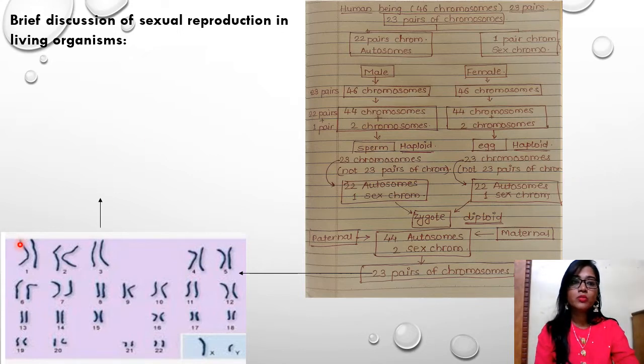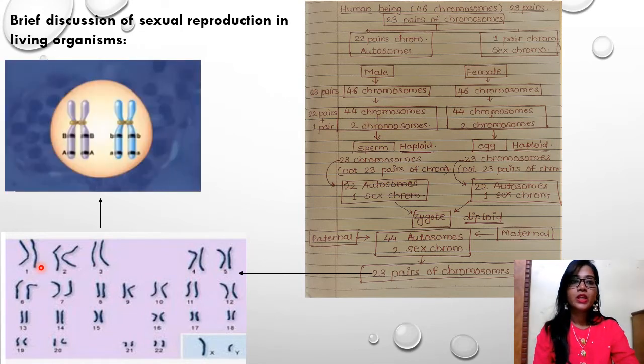So out of each pair, one chromosome carries the characteristics from the paternal side, and the other chromosome carries all the information from the maternal side. Just have a zoom look at how the chromosomes are present in the form of pairs.